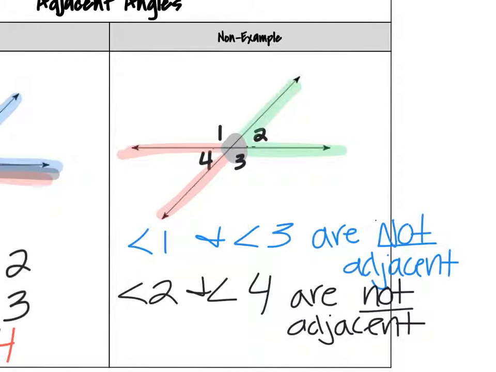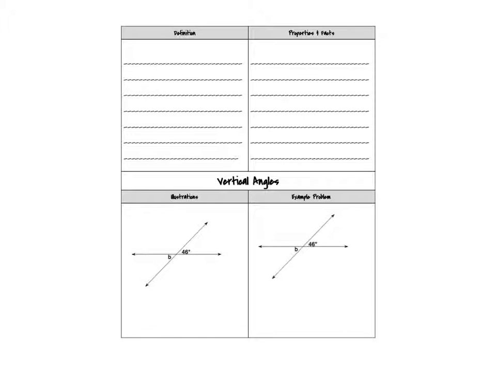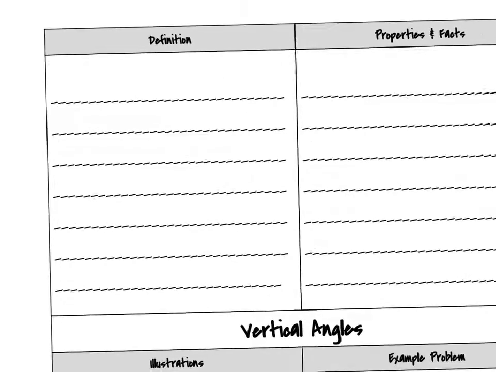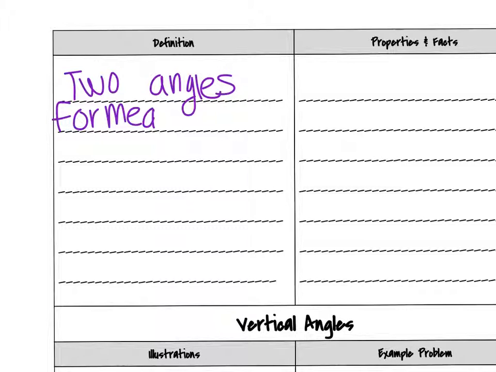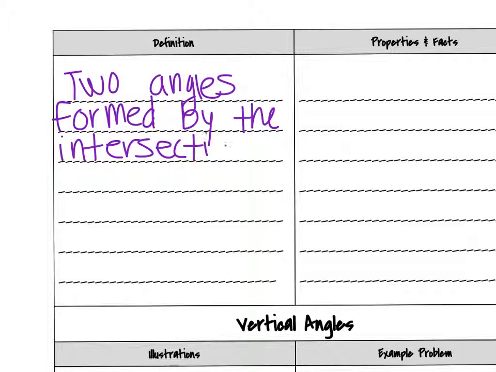Okay, so now you should flip over to page 2 that says vertical angles. Let's go up to our definition. Vertical angles are two angles formed by the intersection of two lines.